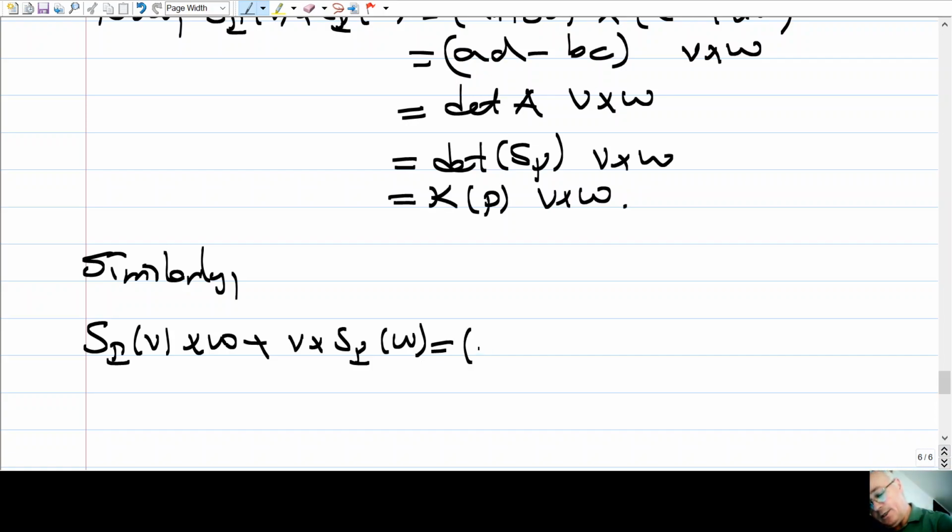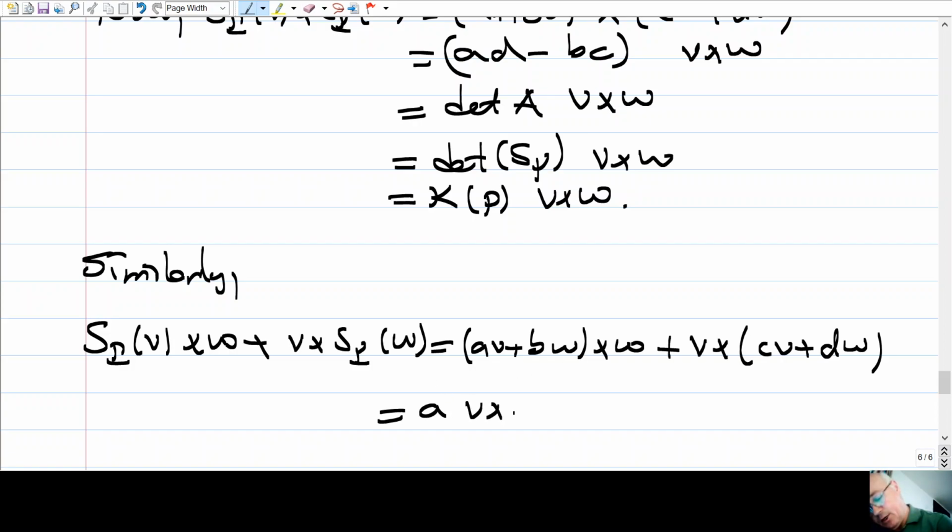So this is AV plus BW cross W plus V cross CV plus DW. Well, W cross W is 0, so the only non-zero term is A times V cross W, and then V cross V is 0, so we have D times V cross W.